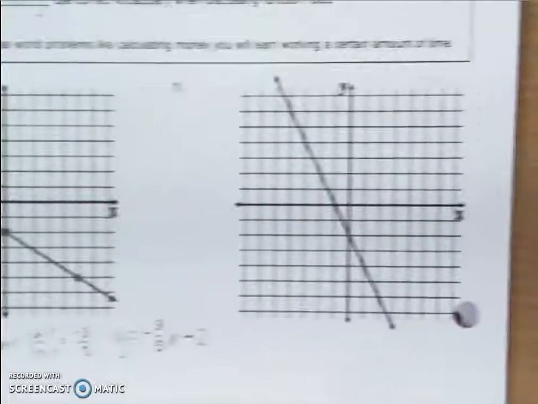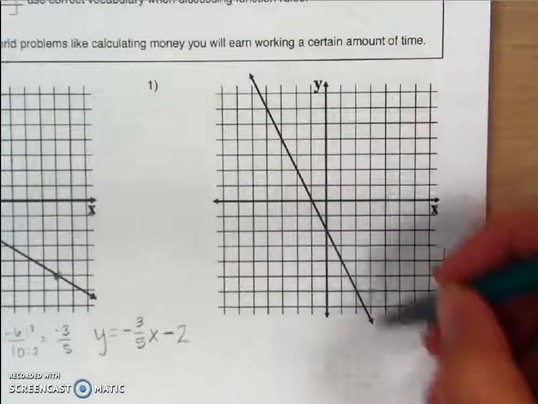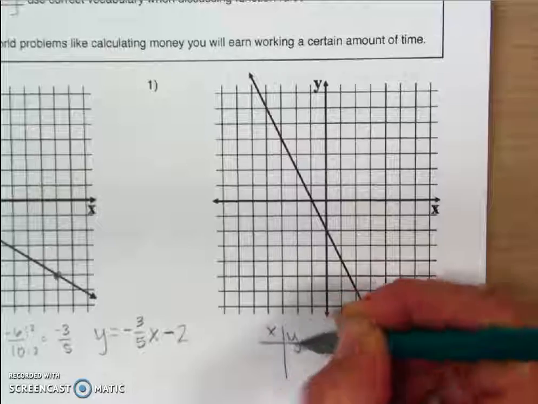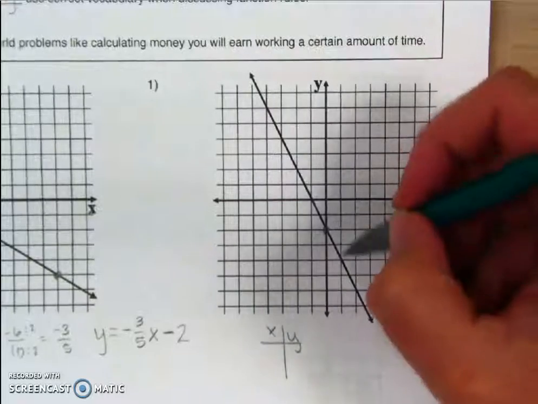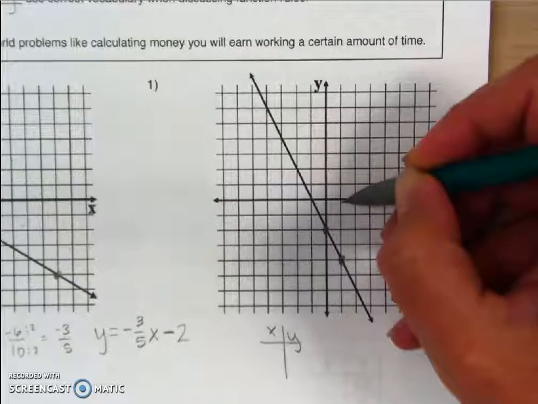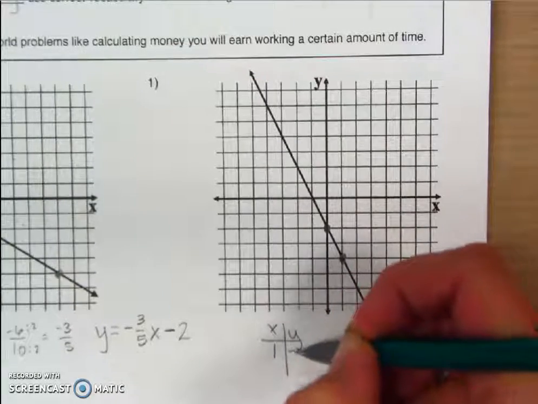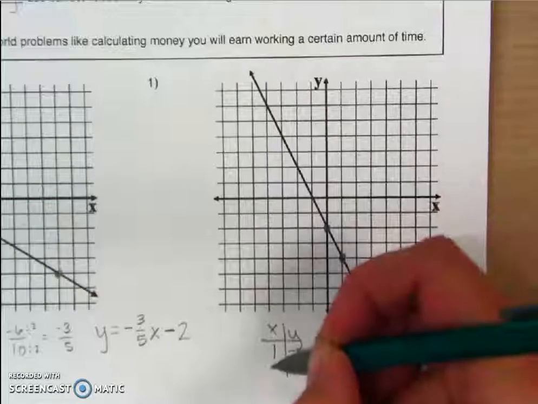So let's look at that with number 1. Number 1 over here has a negative slope again because it's going downwards. So let's write down what some of those points are. I see that my y-intercept again is going to be -2, but let's pretend we can't see that, and let's go to this one. This one is 1, -1, -2, -3, -4. So (1, -4) goes to (2, -6).